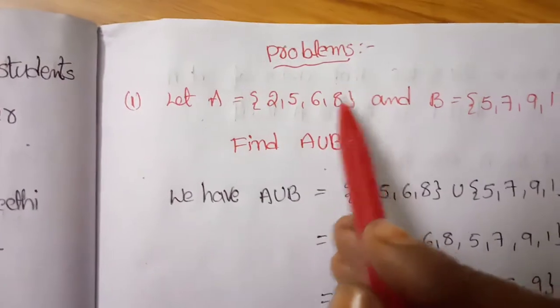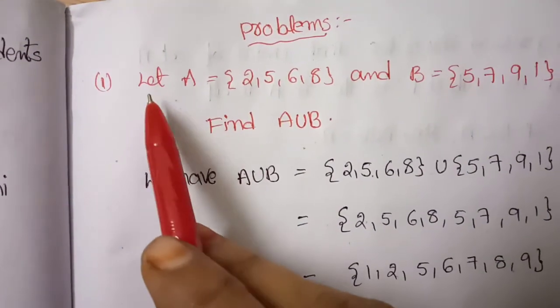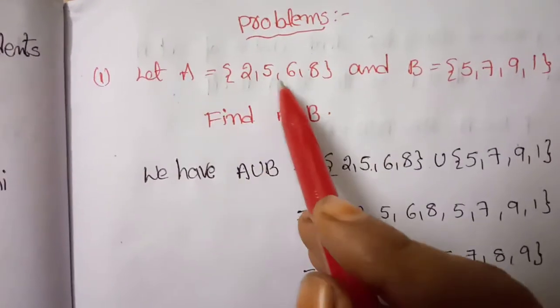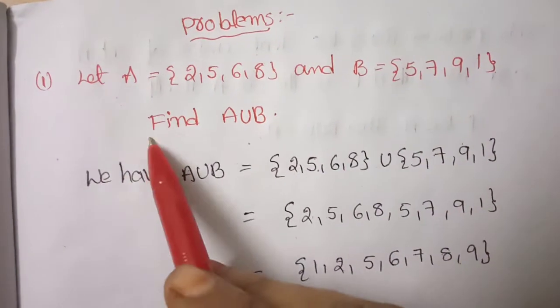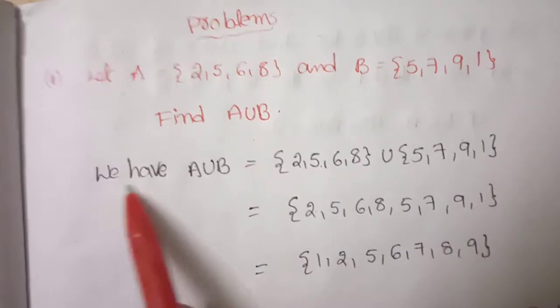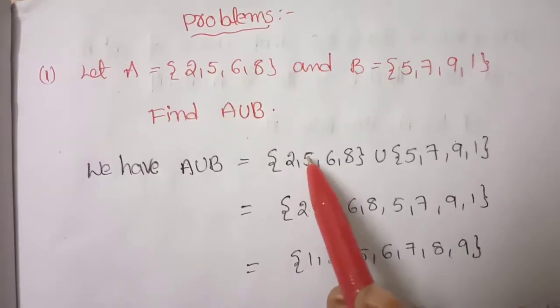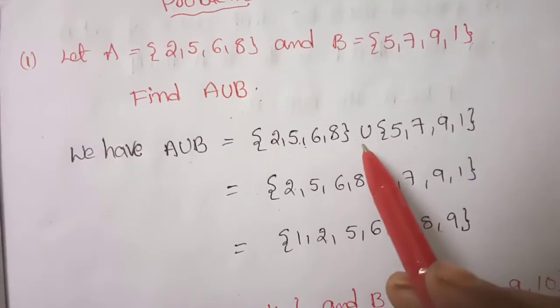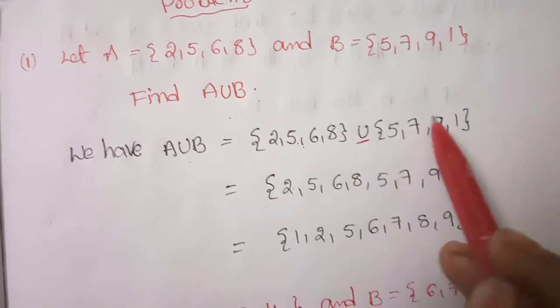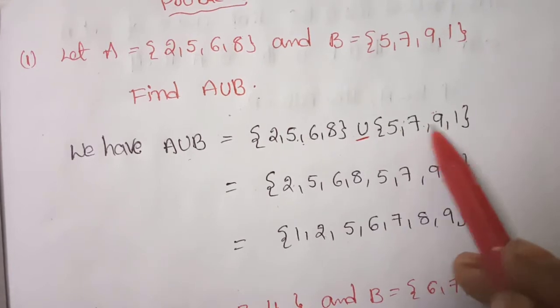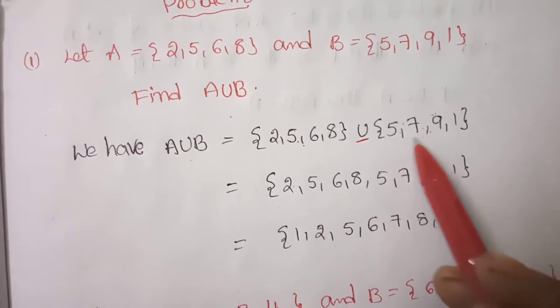Okay, we can see the problems. First problem: let A = {2, 5, 6, 8} and B = {5, 7, 9, 1}. Find A ∪ B. We have A ∪ B equals first the A set, then the symbol ∪, which means union, then {5, 7, 9, 1}, the B set.